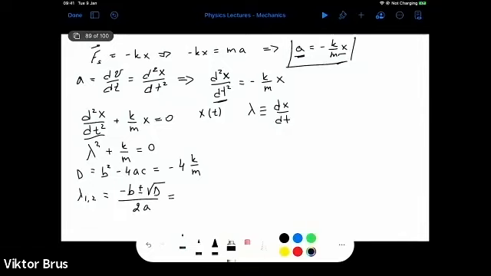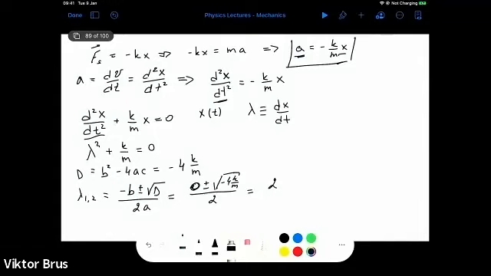So what will it be? Let's write it: 0, because b is 0, plus minus the square root of minus 4k over m, divided by 2, because a is unity. Then let us rearrange this a bit. So 4 we can take out from the square root, so it will be 2. Then minus, we also can take out from the root.